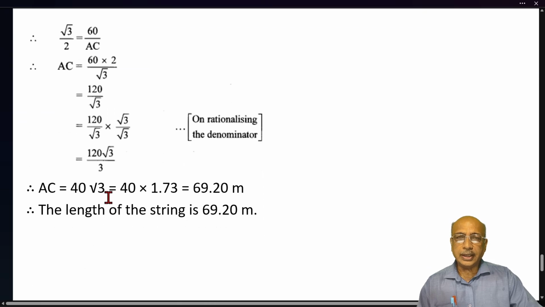On rationalizing the denominator, multiply numerator and denominator by root 3: 120 into root 3 upon 3. 3 ones are 3, 3 forties are 120. So the answer is AC equals 40 root 3. So 40 into 1.73 equals 69.20 meters. Therefore, the length of the string is 69.20 meters.